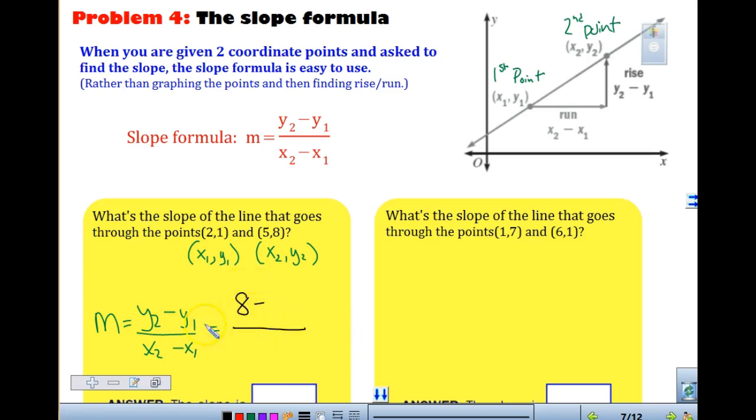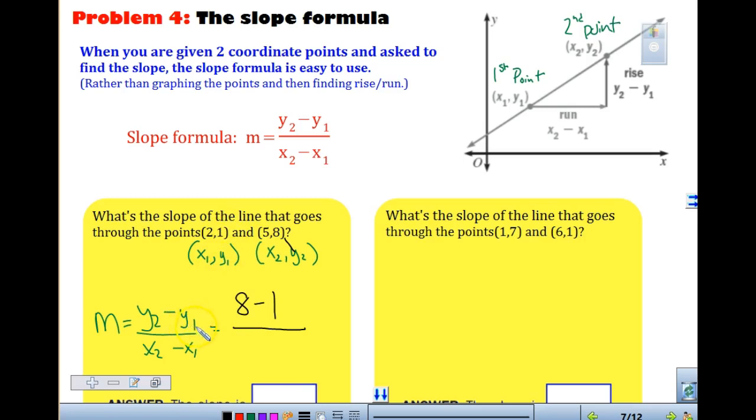All right, so what is my Y1 that I want to put, Riley? Y1. So this was Y2. What is my Y1? Okay, so quiet, please. Y1 is 1, right?